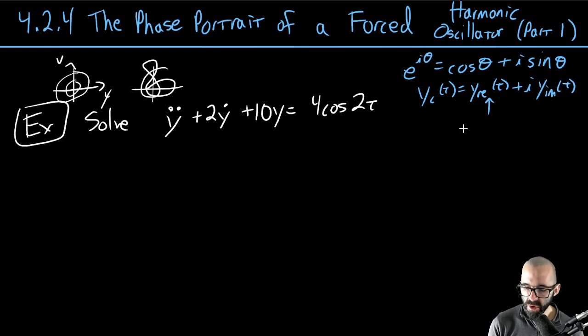And we said if the right-hand side is cosine, we use this. And we said if the right-hand side is sine, we're going to use this. So if you remember, in the last example, we looked at the imaginary part to come up with our particular solution.